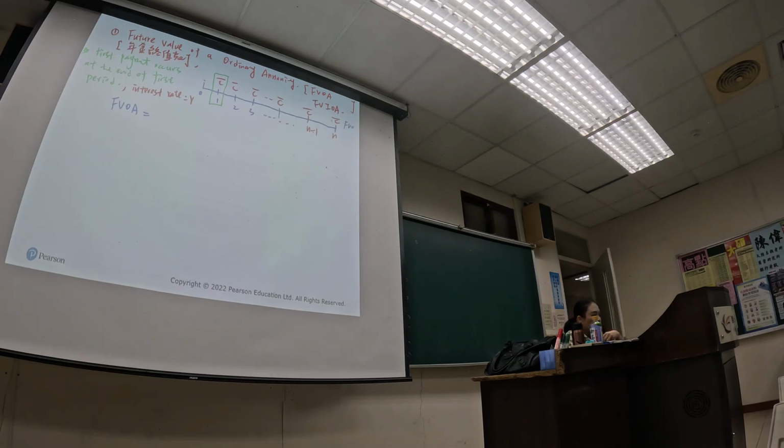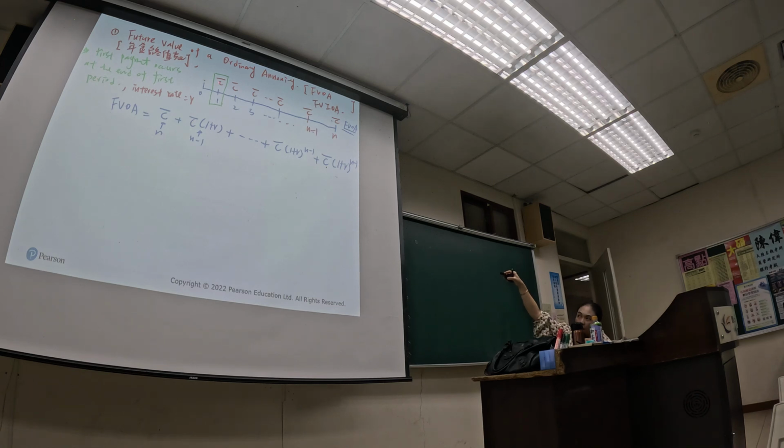You are computing future value of annuity first, okay? The last payment would be C, that's your n periods, right? Plus C times 1 plus R, this is your n minus 1 periods, okay? Plus, and then in the end, C times 1 plus R to the power of n minus 2, and the first payment, C times 1 plus R to the power of n minus 1. Agree?